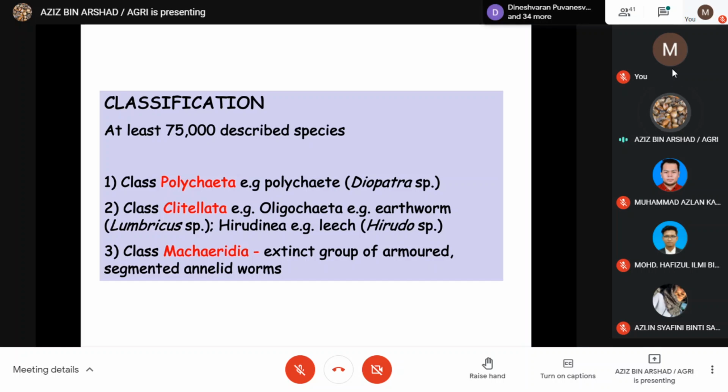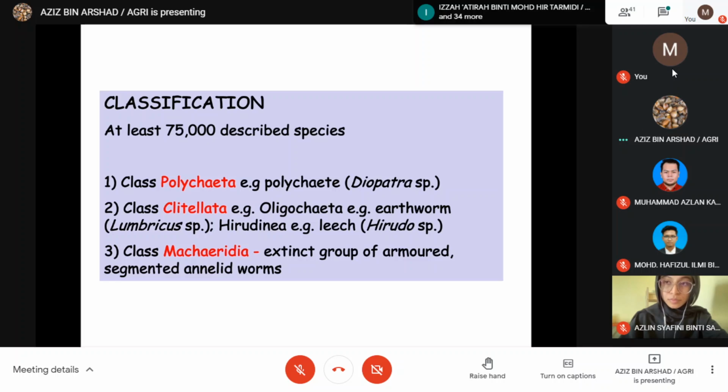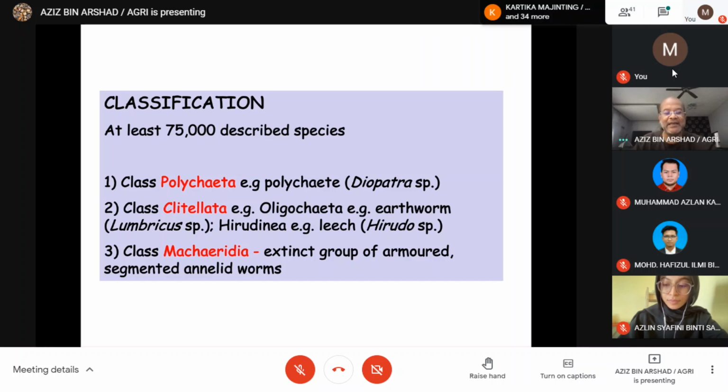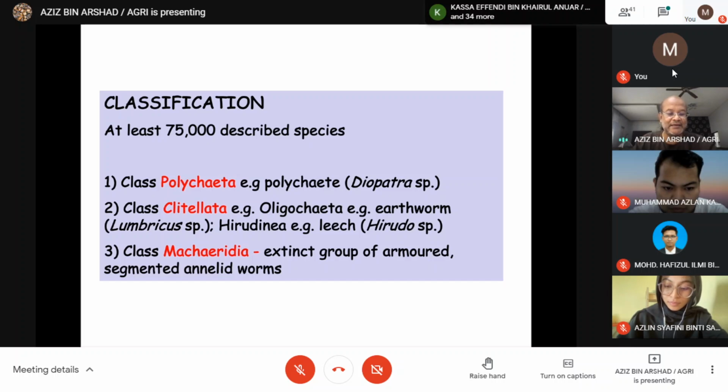However, the classification has been changed recently, where Polychaeta comes out as one class of its own, but Clitellata is the merging of the Oligochaeta and also Hirudinea. The new class is called Clitellata. Oligochaeta becomes a subclass and Hirudinea becomes a subclass again. And they erected a new class called Myzostomida.